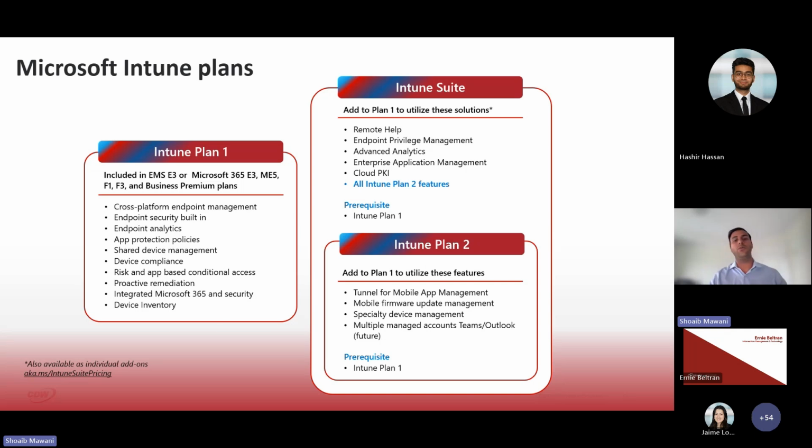On top of that, you can purchase any of the add-ons mentioned over here under the Intune Suite or Intune Plan 2 as an add-on separately if you're looking for just that one feature, or you can look to buy an entire package of Intune Plan 2 or the Intune Suite and do a pilot with us and understand which capabilities you want to move forward with, right?